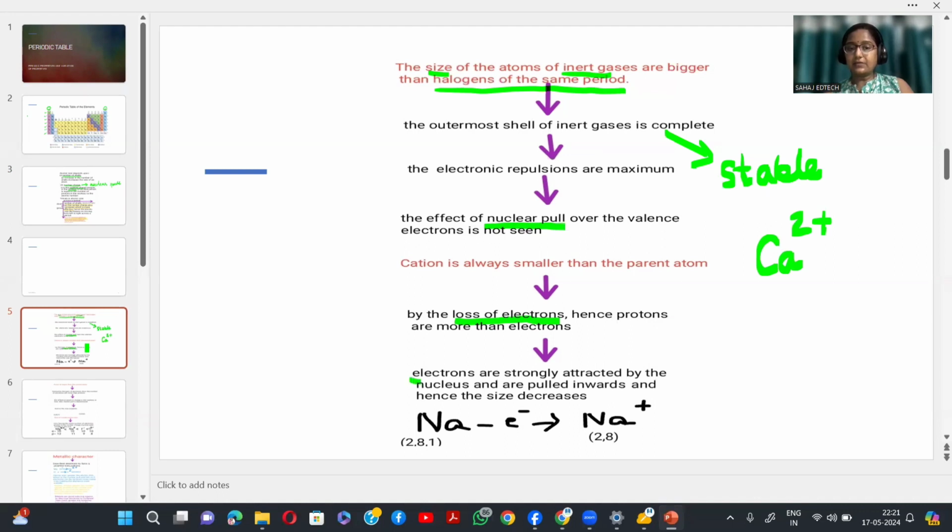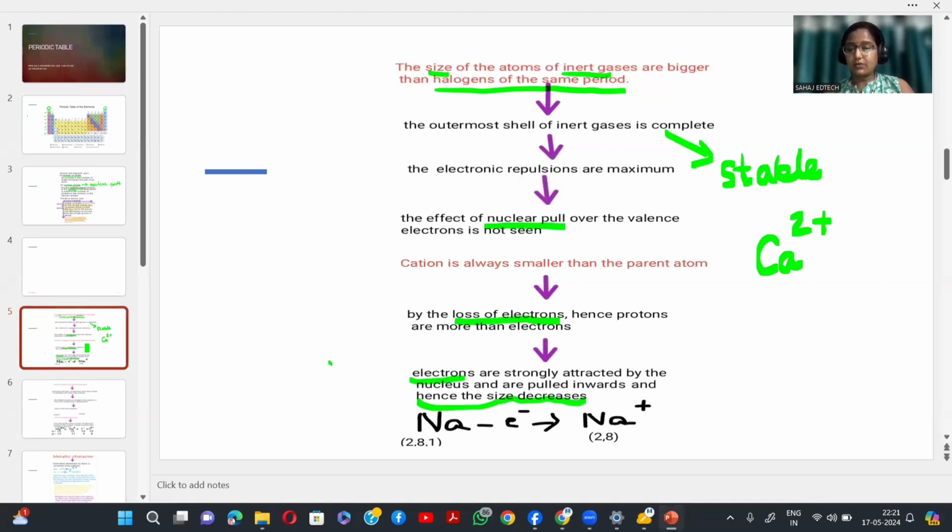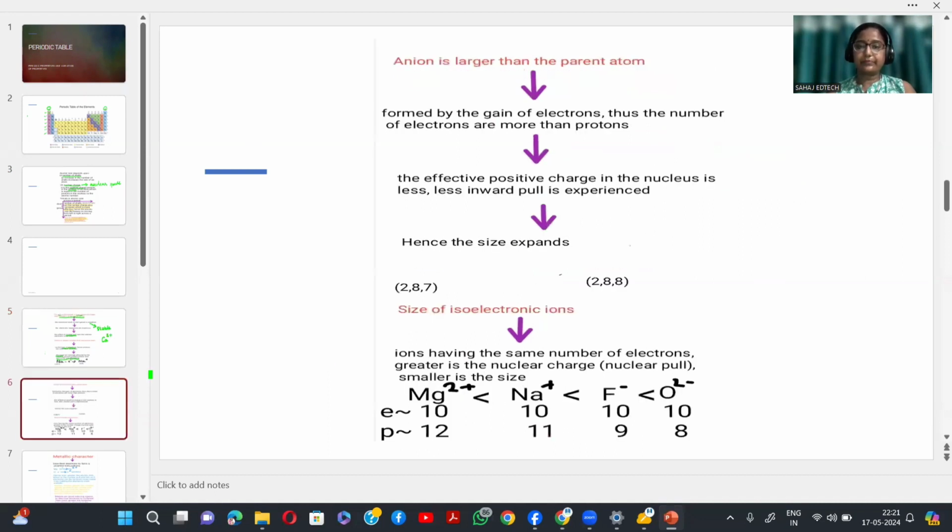The electrons are strongly attracted by the nucleus due to the nuclear pull. And hence what happens to the size? The size decreases. So the size of sodium ion is smaller than that of sodium.